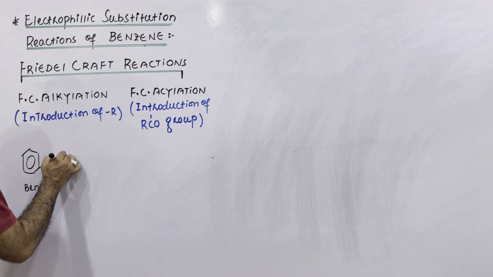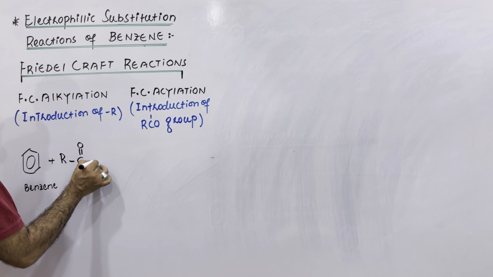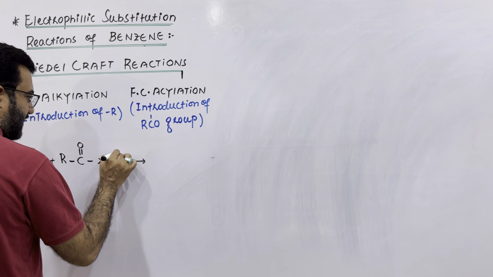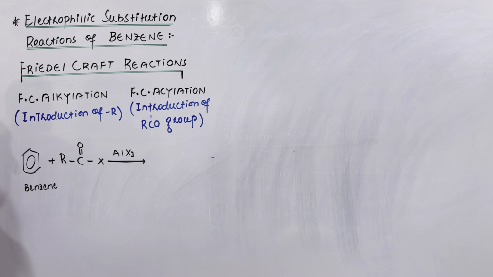This is benzene, and we have an acyl halide, or acid halide, that will be made to react with benzene, and the catalyst will remain the same, that is aluminium halide.